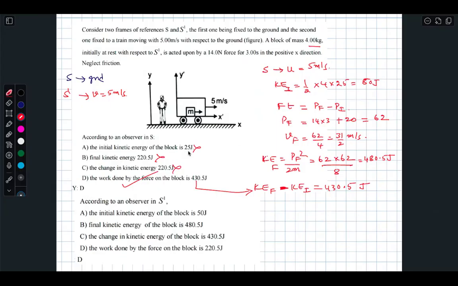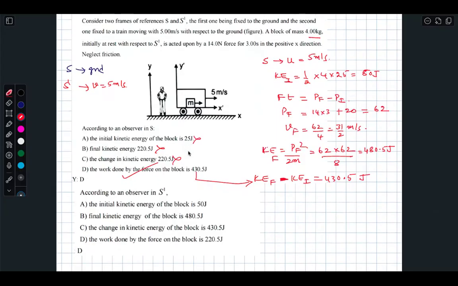Boys and girls, according to observation frame S, initial KE is 0. According to S dash, KE initial is 0. KE final is F into T, momentum, square by 2m.